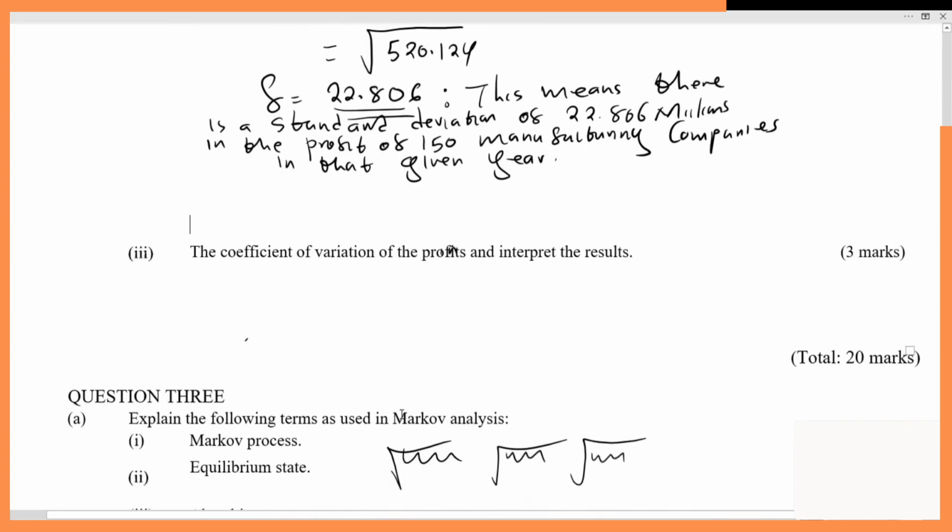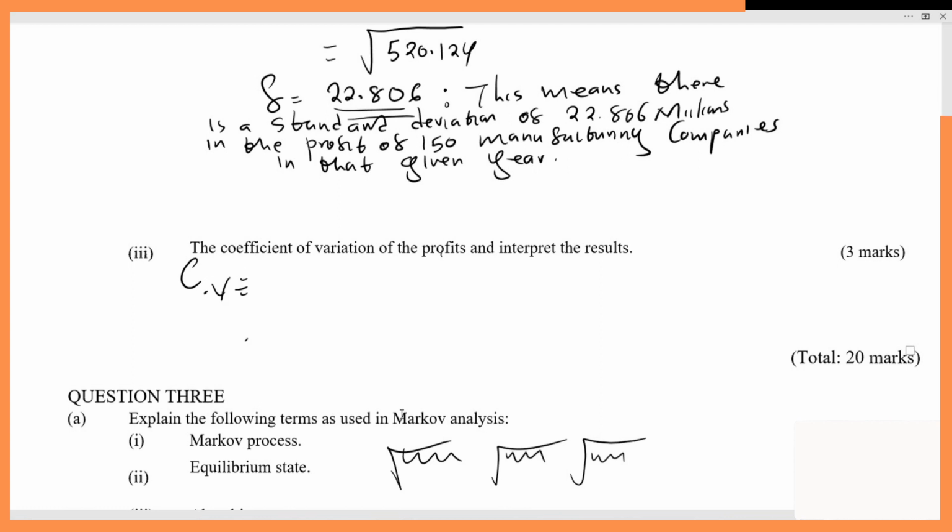The next, we are supposed to look for the coefficient of variation, which is given as CV.